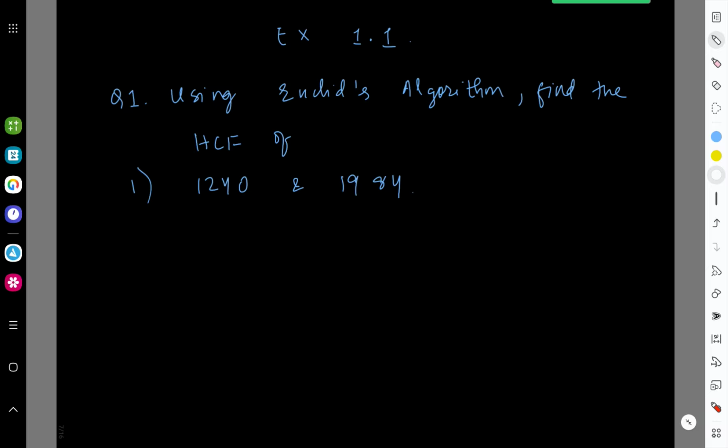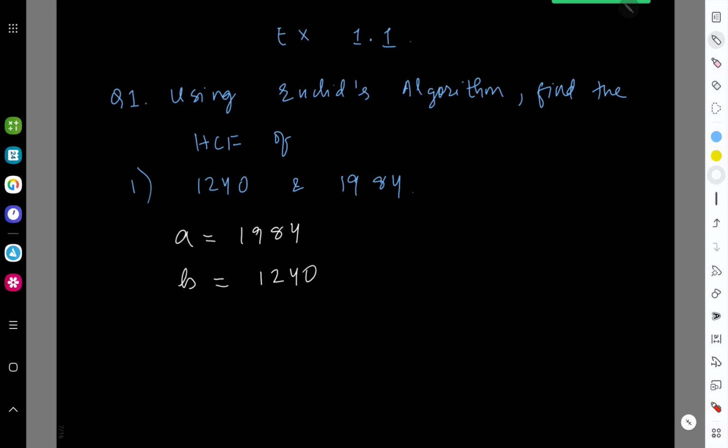The first question says, using Euclid's algorithm, find the HCF of 1240 and 1984. So first let us identify which is the greater number. Here the greater number is 1984, so we will consider it as A, and our B will be 1240, which is the smaller number.